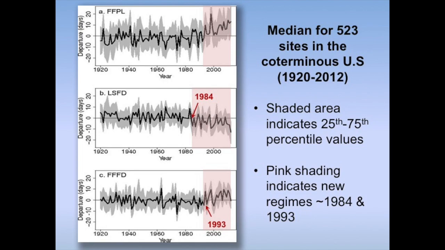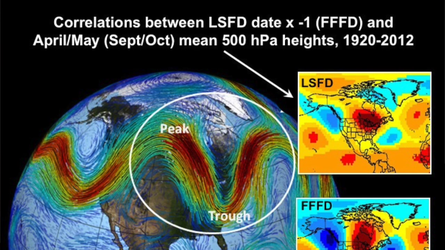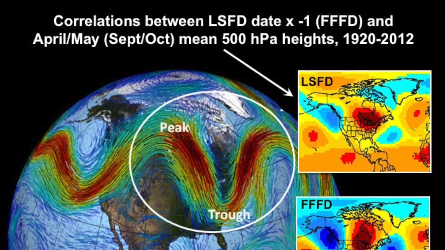when last spring frost dates and first fall frost dates are highly correlated with geopotential heights at 500 millibars.